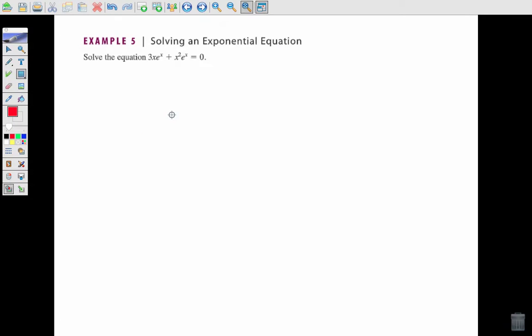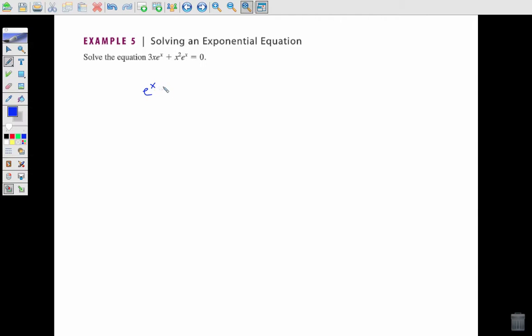Okay, and then the last example I have, we want to solve the equation 3x times e to the x plus x squared times e to the x equals 0. Remember, step 1 is to isolate your base and your exponent. So we want the e to the x by itself.